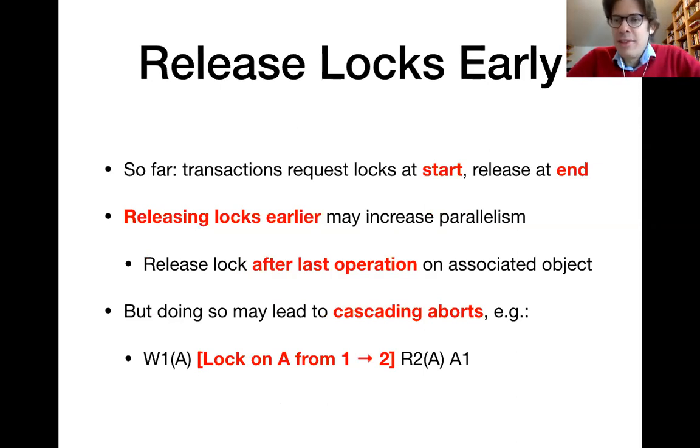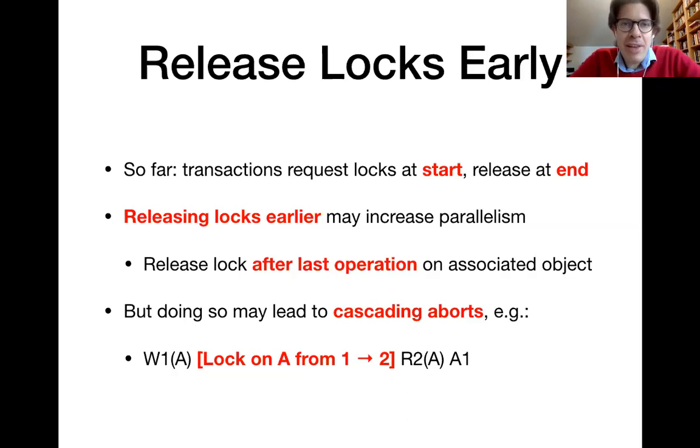All right, now so far we have assumed that transactions request and wait for all the locks at the beginning of execution, and then they hold those locks until the very end of the execution. So at the beginning of execution, a transaction requests all the locks. At the end of execution, the transaction gives back all the locks.